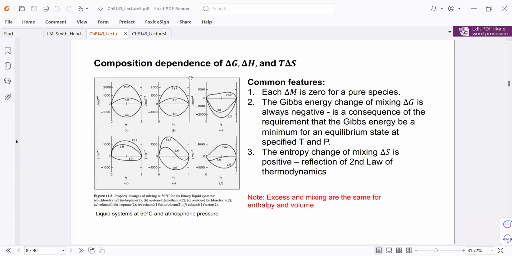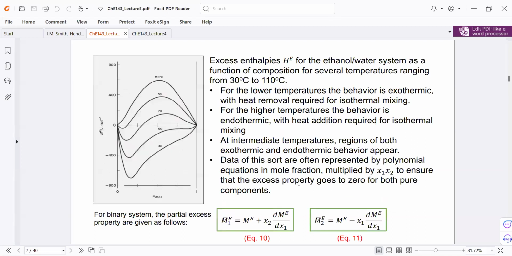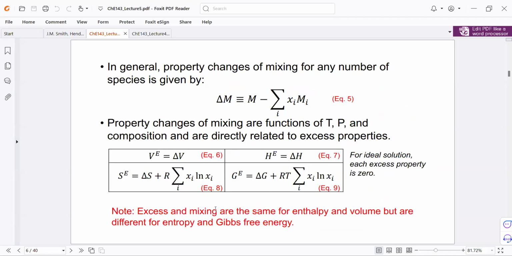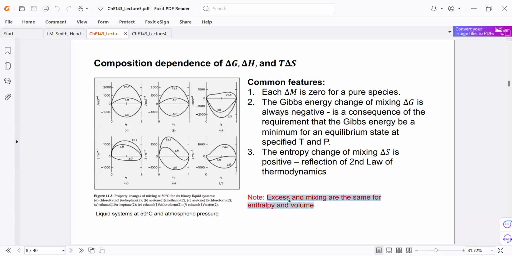All right, so that is the graph for delta G, delta H, and T delta S. And just a note again, which we discussed before, excess and mixing changes are the same for enthalpy and volume.